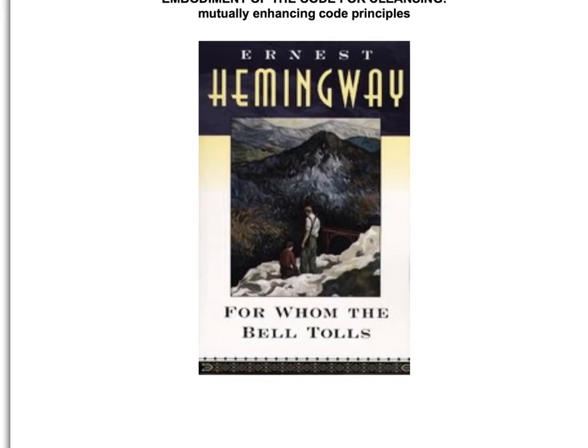And here we have two individuals looking at the bridge and how to blow it, and that's Robert Jordan's task as he's given by General Goltz, a Russian general who supported the Republican cause.